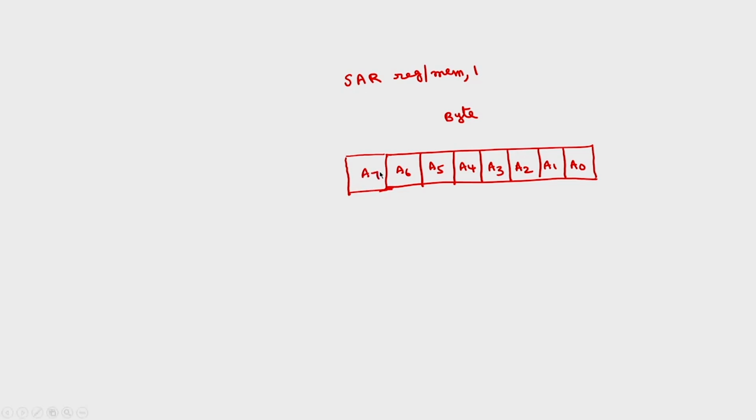The contents will be shifted to the right position. So A7 will go here, A6 will go to A5, and so on. This will go to the carry flag.